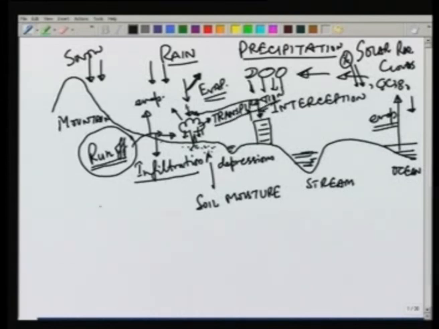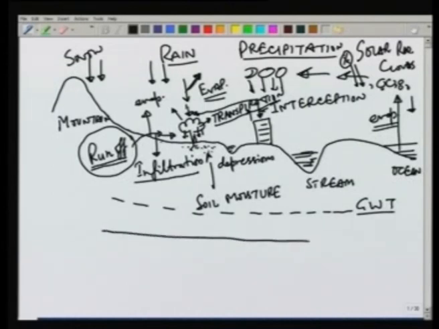There will be some water under the ground. So, let us say that there is some groundwater table. Groundwater table denotes the top of the water inside the ground, which would be at atmospheric pressure. There will be a rock base.